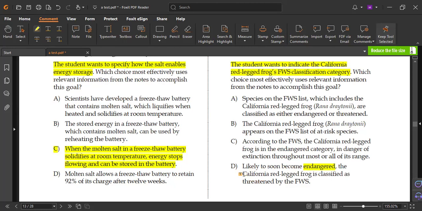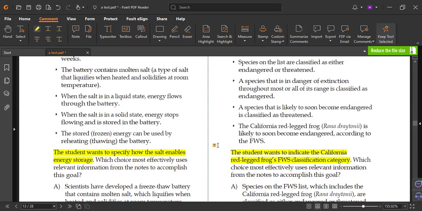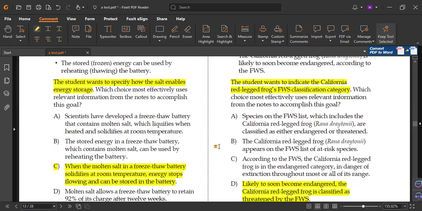The California red-legged frog is classified as, so it tells you the classification category, as threatened. Is this information already mentioned in the notes? Yes, that's why we take it. But if it is not mentioned in the notes, it must be wrong. But all of them are already mentioned.